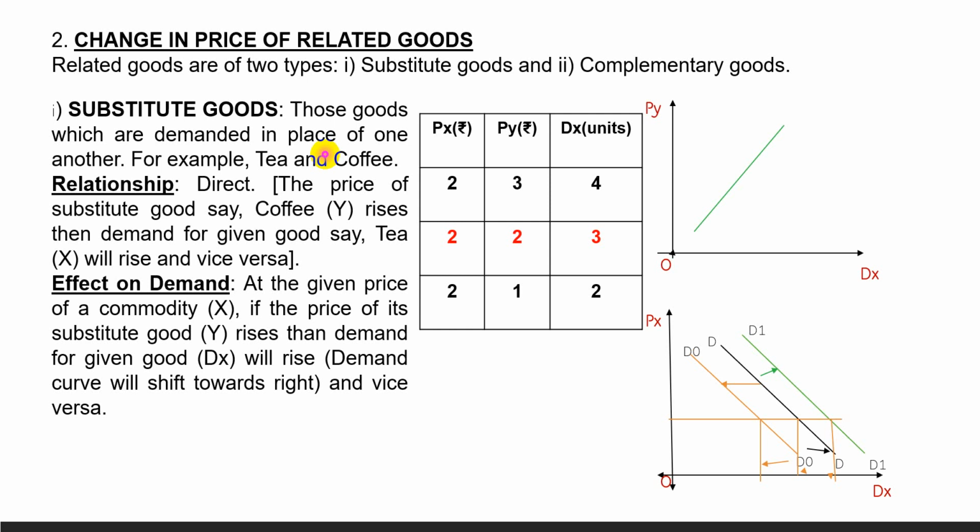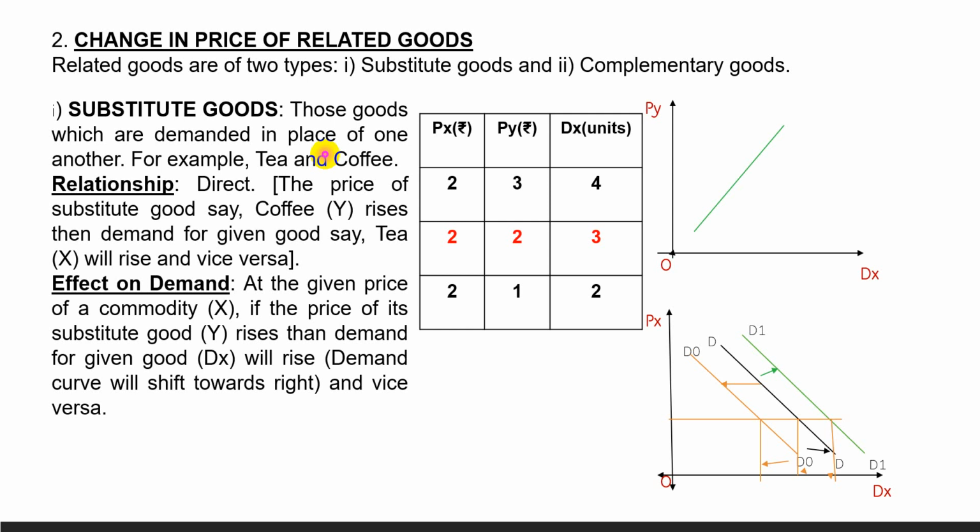That is, if the price of a substitute good rises, quantity demanded for the other good will also rise, and if the price decreases, quantity demanded of the other good will decrease. When the price of one commodity rises, the consumers buy less of it and more of the commodity which is its substitute.